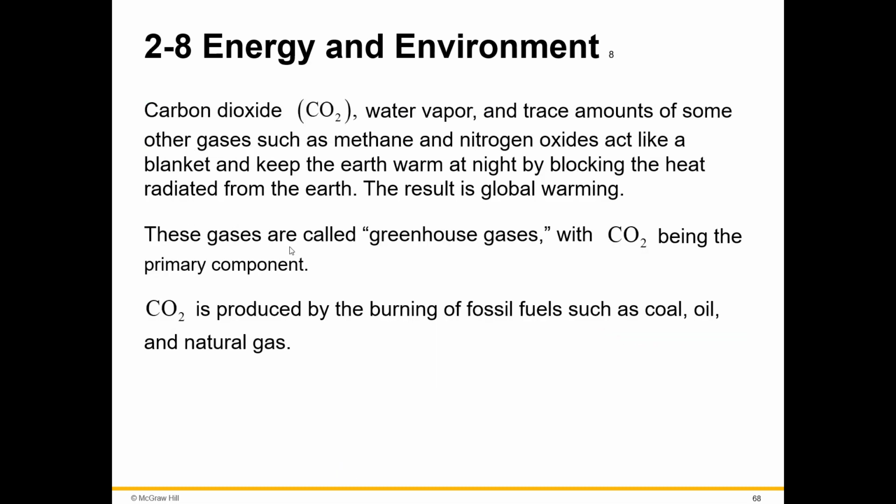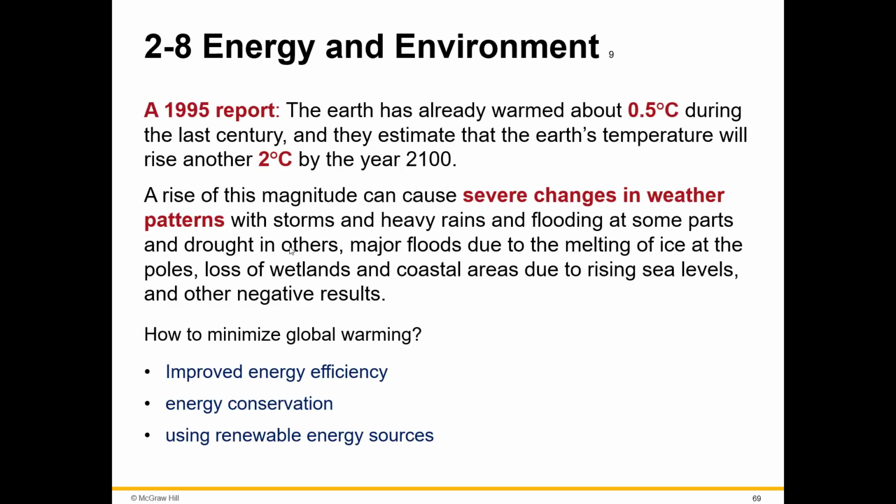And then we've got carbon dioxide, water vapor, and trace amounts of some other gases such as methane and nitrogen oxide, which act as a blanket, a nice, wonderful earth blanket at night, by blocking the heat radiation from the earth, and it results in global warming. And they're also called greenhouse gases. I'm sure you've heard of that. And it's produced from burning the fossil fuels.